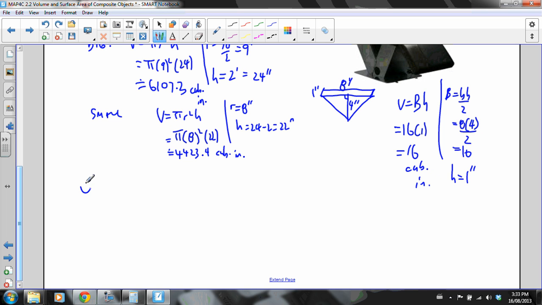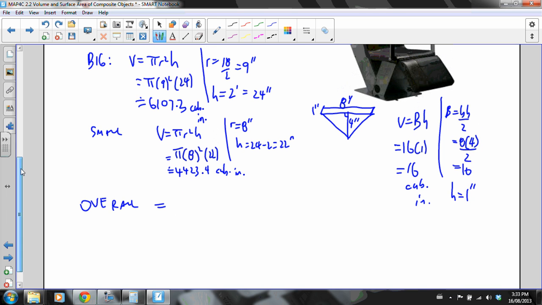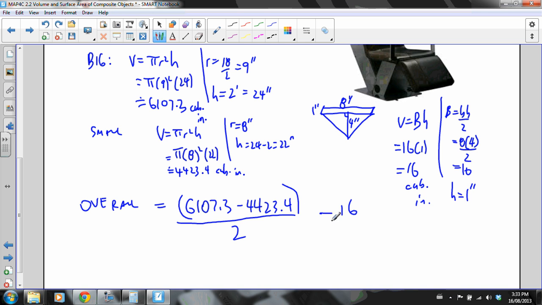And then overall, what do we want? Well, we've got the big number, subtract the small number, the inside cylinder. I'm going to take that answer and divide it by 2. You could write it this way if you wanted to. And then I'm going to subtract off the 16.